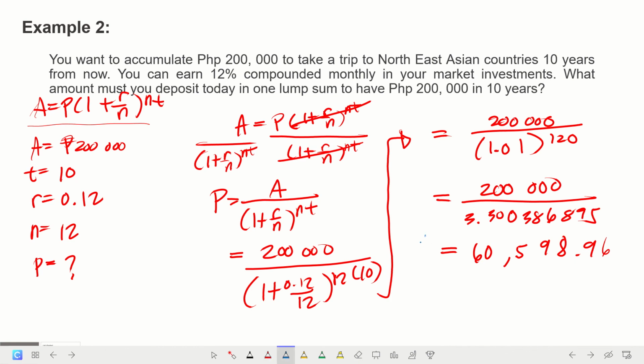So the principal natin, yung investment mo in one lump sum, dapat maghulog ka ng 60,598 pesos and 96 centavos para at the end of 10 years you'll have 200,000 pesos. So again, just state your final answer in sentence form.